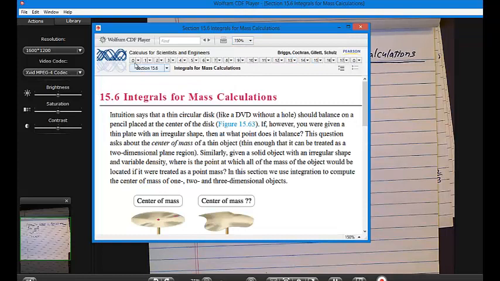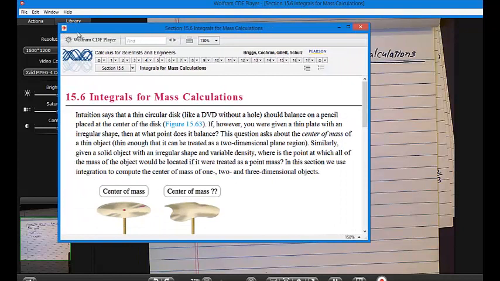If you have, it says, intuition says, if you have a DVD without a hole in it, so a thin circular disc, you can balance that, right? Right at the center. The balancing point of this book. Is this possible? Did I impress anyone? Guess not.